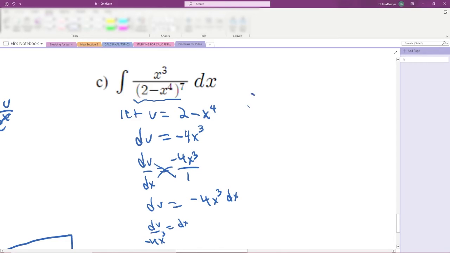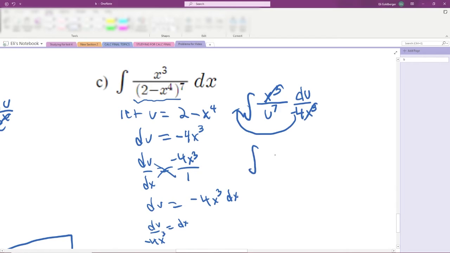And then when we rewrite everything in terms of u, we'll have x cubed on top, and on the bottom we'll have u to the 7th. And then instead of dx, we'll have du over negative 4x cubed. And right away we should notice these x cubes cancel out. So that's great. And we can pull this into the front as a negative 1/4.